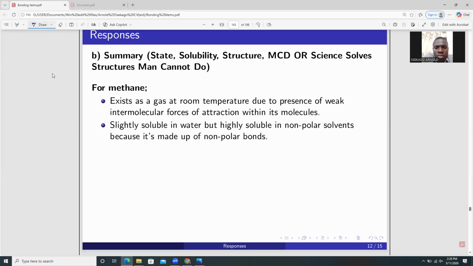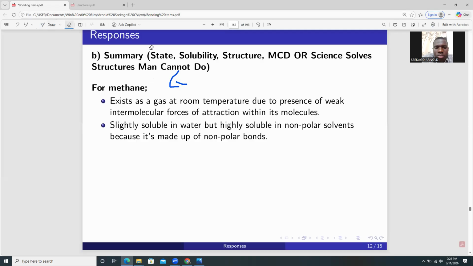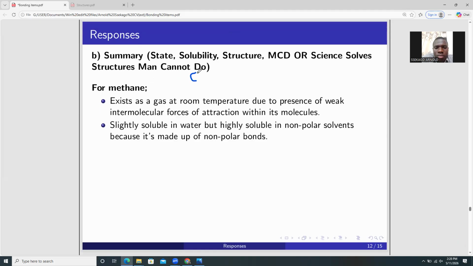Methane is CH4, which is the same as C carrying four atoms of hydrogen, like that. And those bonds are non-polar.